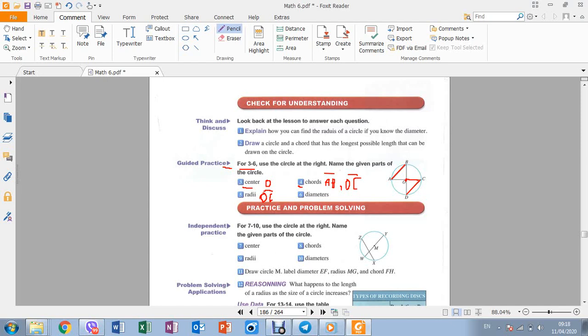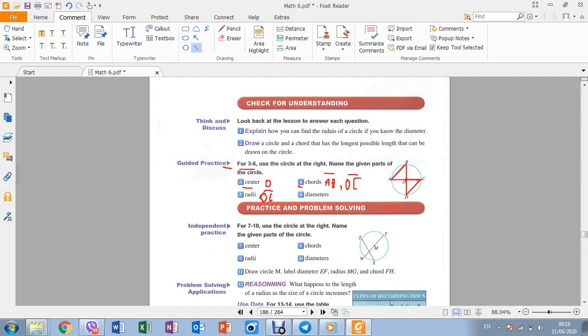And diameters, we have two diameters. Look, one of them is diameter BD, it passes through the center, and the other is AC. So we have what?